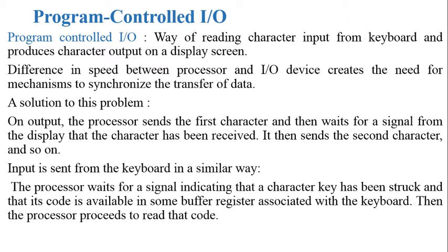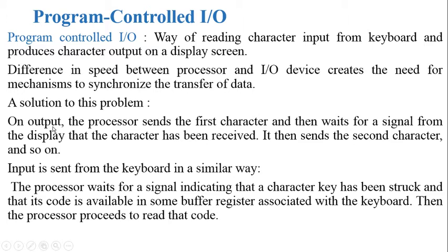We have already seen that the data transfer speed of input devices is very slow, the data transfer speed of output devices somewhat higher, and the processing speed is very high. So we need some mechanism to synchronize this difference in data transfer speed. So here we have some solutions.